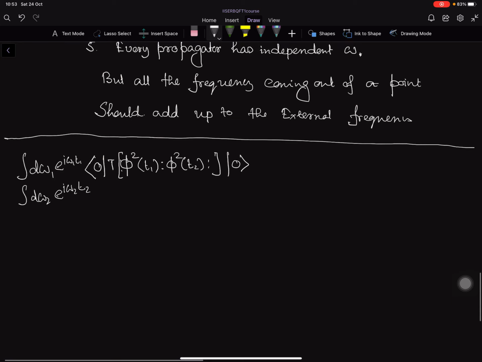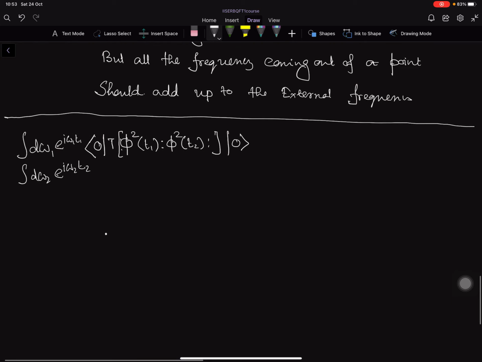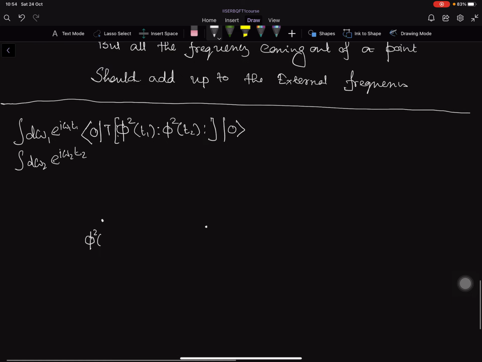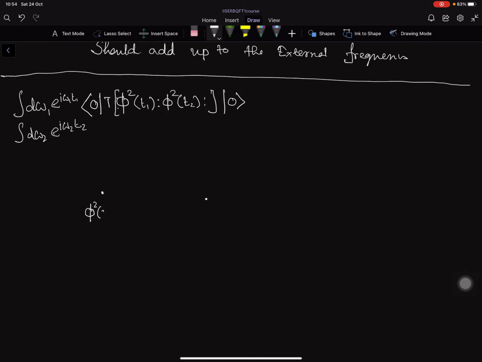So for every operator there will be a point like this. From the first step we will do the frequency space computation. So we denote it as phi squared at omega 1, and this is, let's say, phi squared with frequency omega 2.